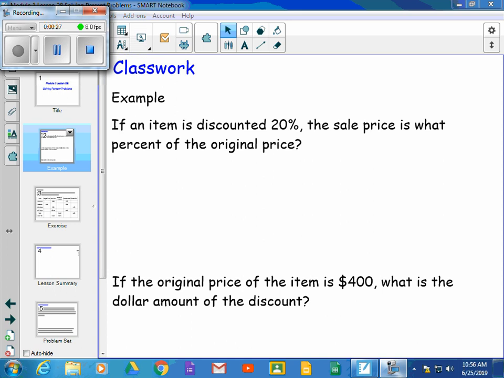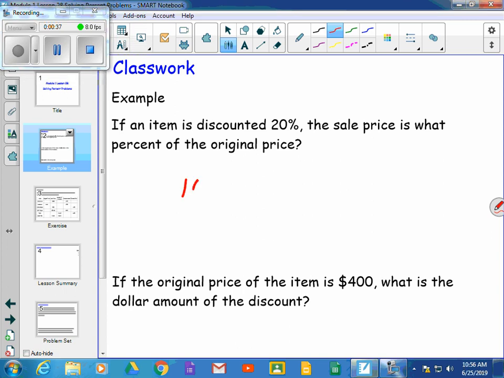First question, if an item is discounted at 20%, the sale price is what percent of the original price? Well, you know that the whole percent, if you had to pay the whole price, you would pay 100%. There would be no discount. The discount is what you are saving. That's the part that you're saving.